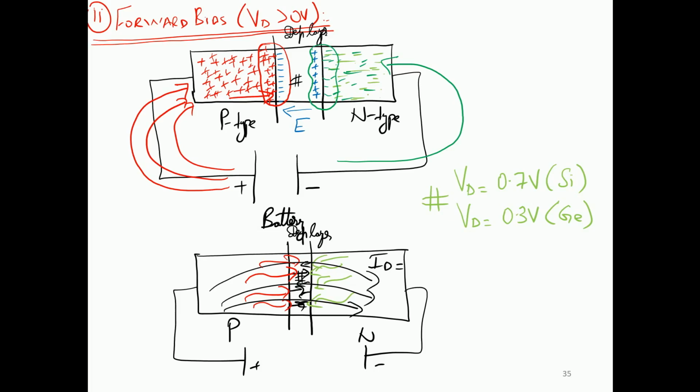This is going to be called a drift current, which is going to have a value of greater than 0 amps. Whenever the voltage reaches this value for silicon or germanium, we say that our connection has been established, and now the diode has started to conduct.